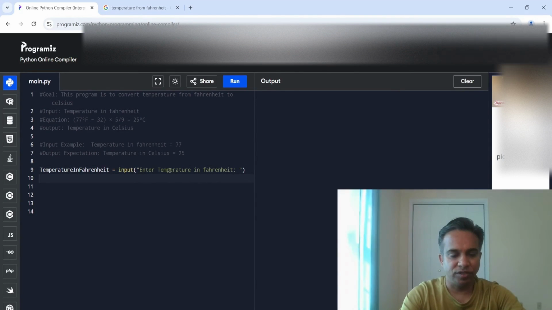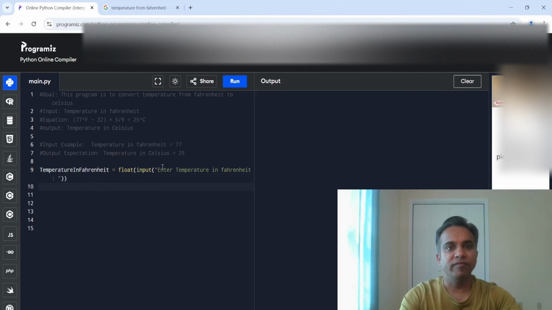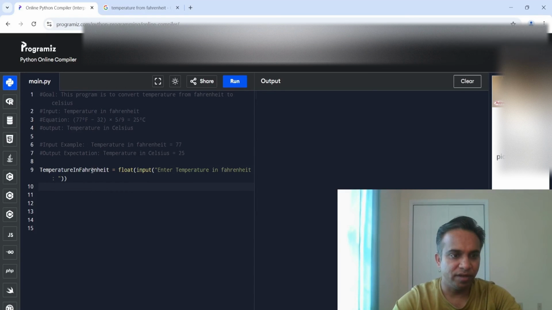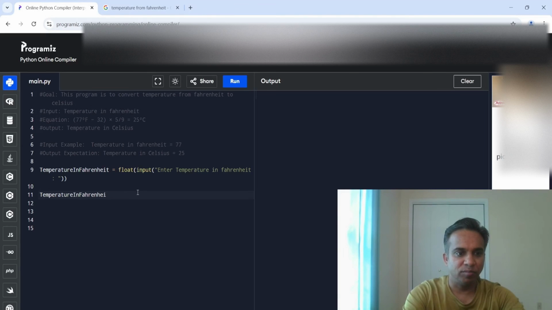Once we get the temperature, this needs to be converted into float because we are expecting fraction as an input.